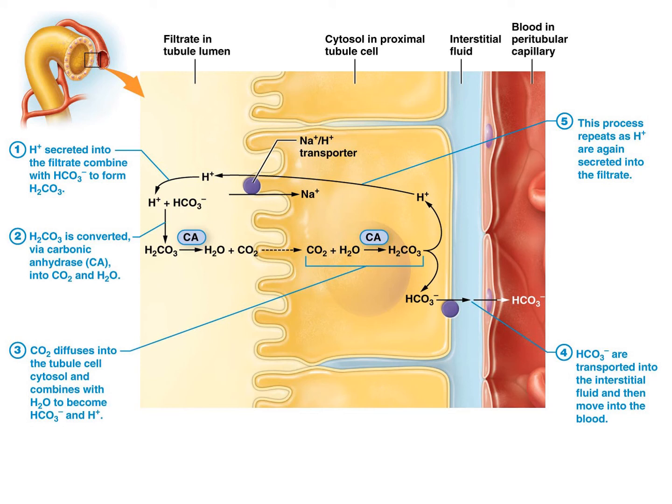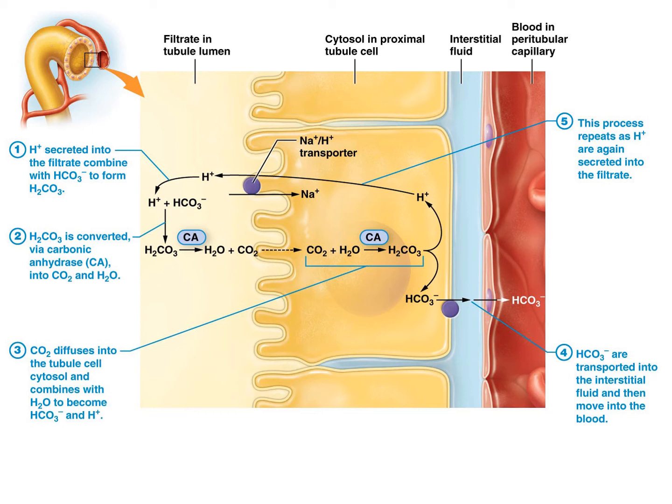So here we see that carbon dioxide reacts with water, catalyzed by carbonic anhydrase, to form carbonic acid. Okay, the bicarbonate is then pumped out by facilitated transport into the blood. The hydrogen ions are then pumped back out using the sodium-hydrogen antiporter.